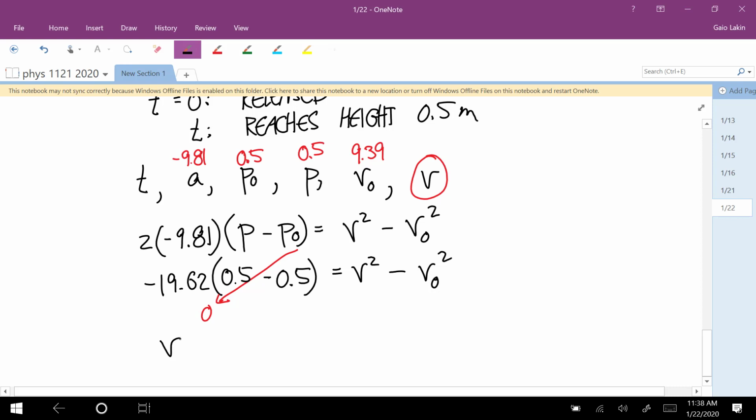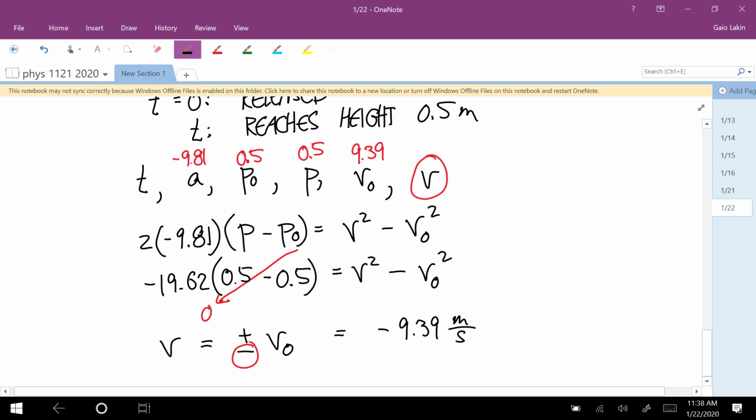And you end up with just that v is equal to plus or minus v0. Then you have to figure out what direction it's going. If it's on the way down, is this going to be positive or negative? It's going to be negative, so we have negative 9.39 meters per second.